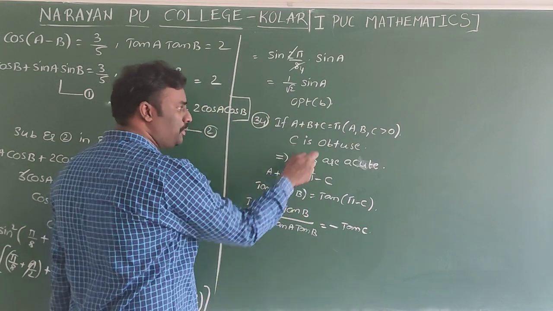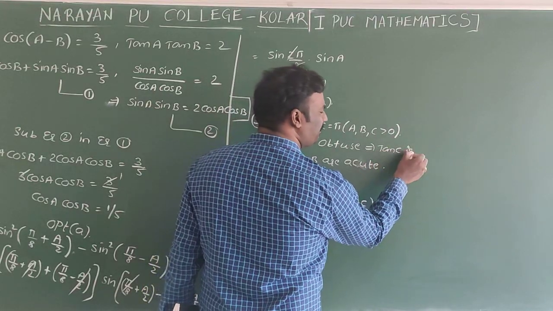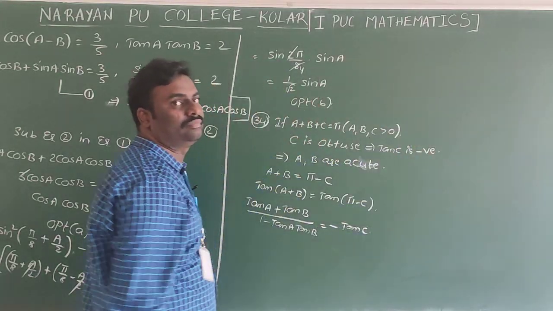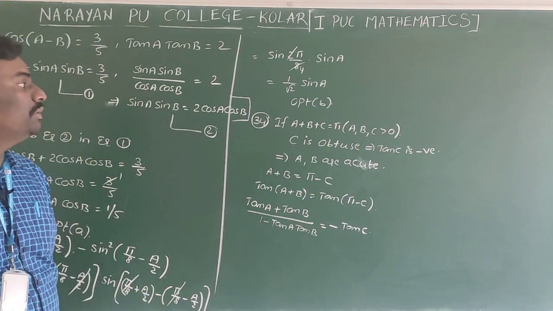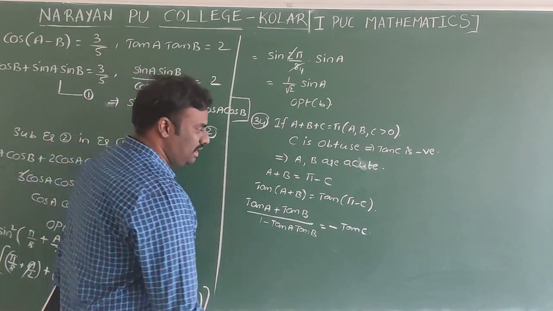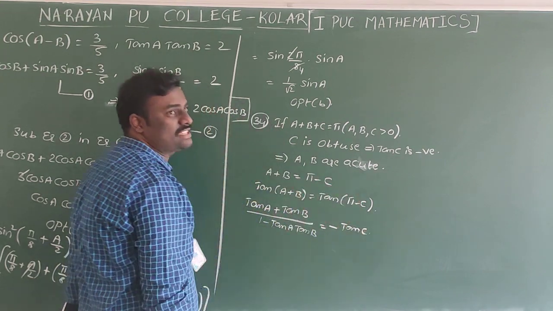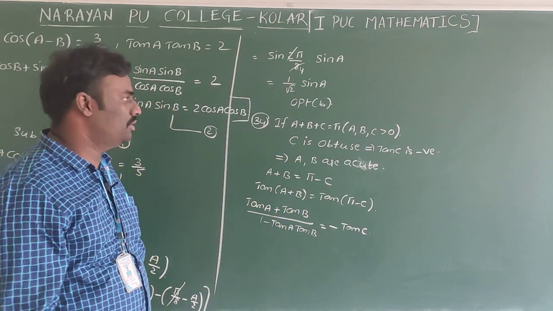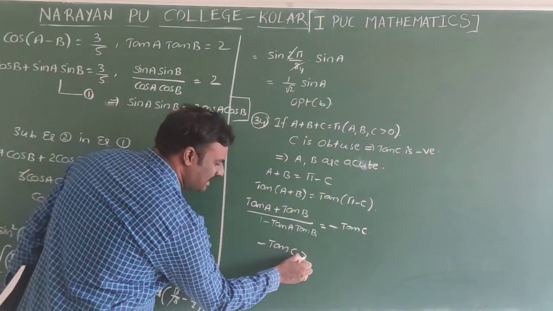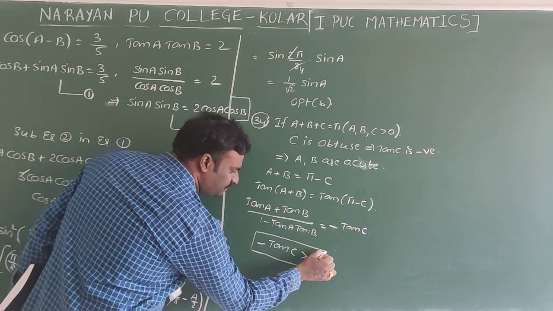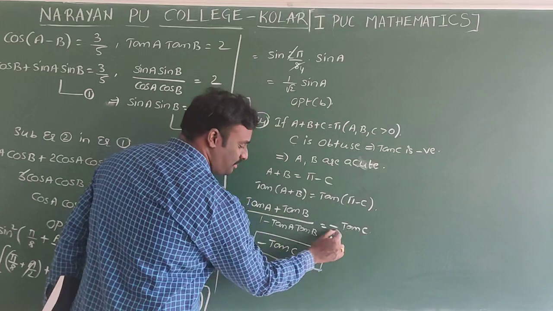If C is obtuse, meaning more than 90, then tan C is negative. Already one negative is there, minus of minus is plus. Now from this we can say minus tan C is greater than 0, positive.